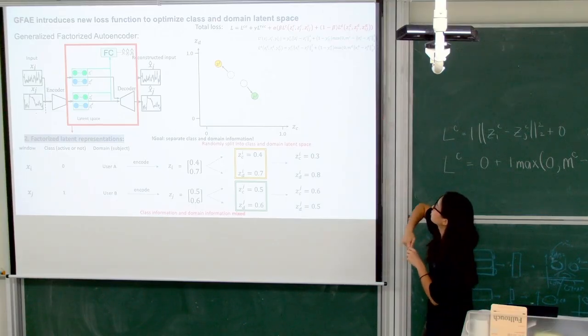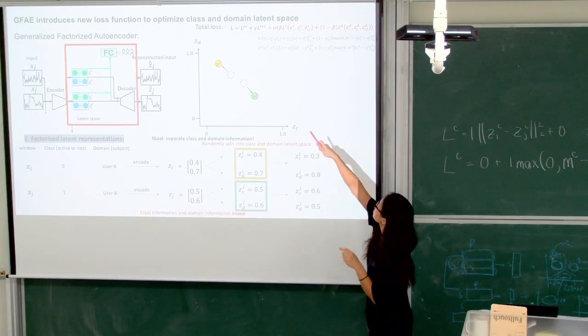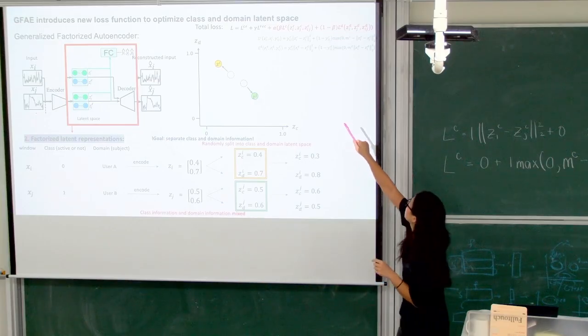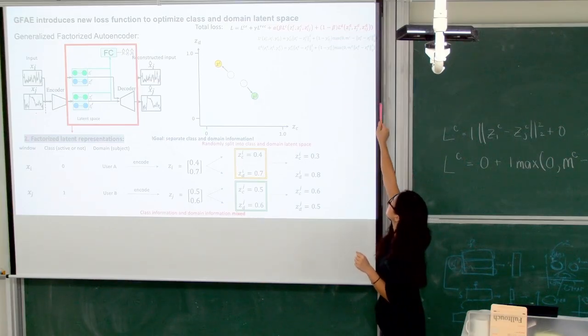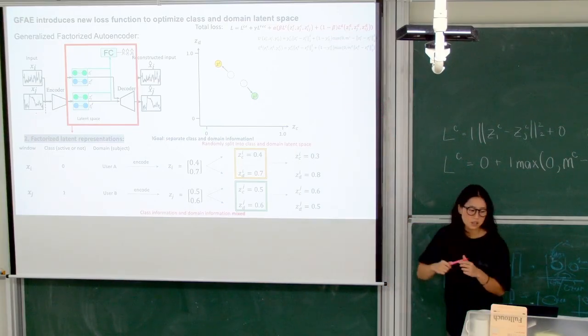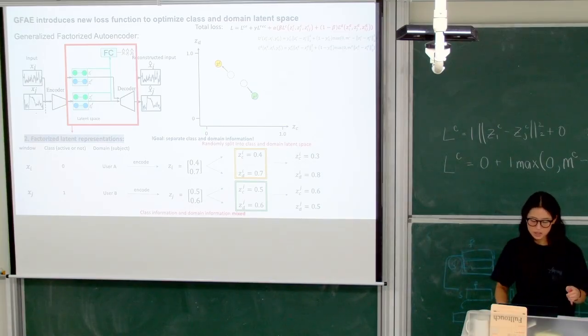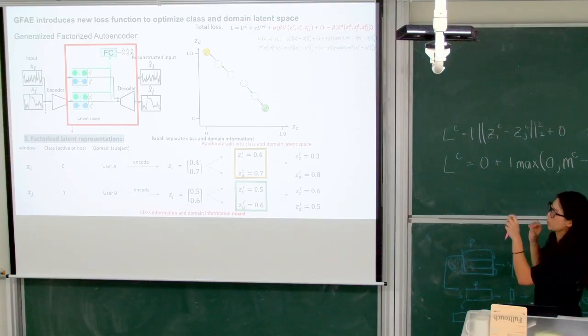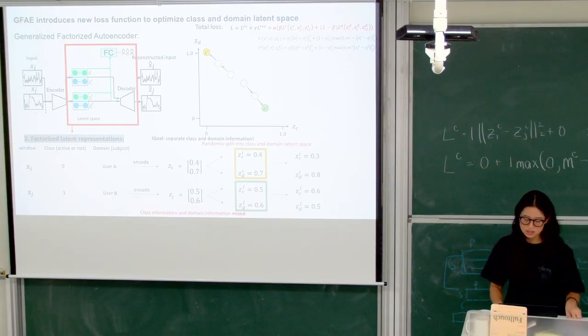Our cross entropy and reconstruction loss are still there, but they add the class and domain loss into it. They iterate and tune hyperparameters until they're far away from each other, like this.